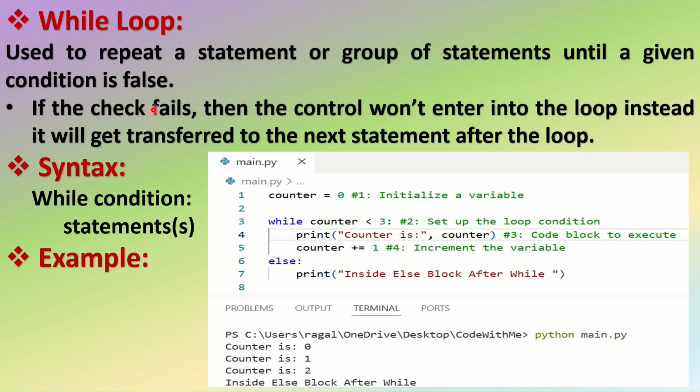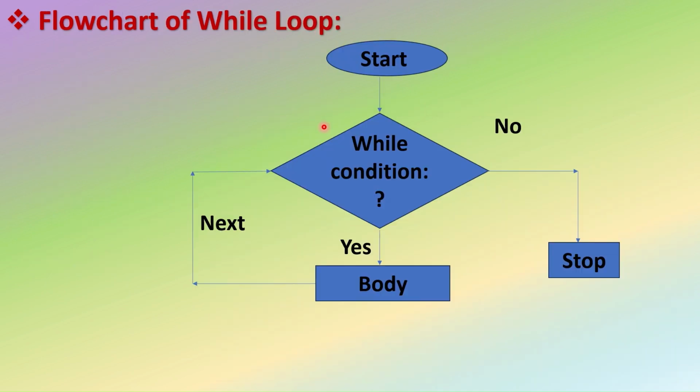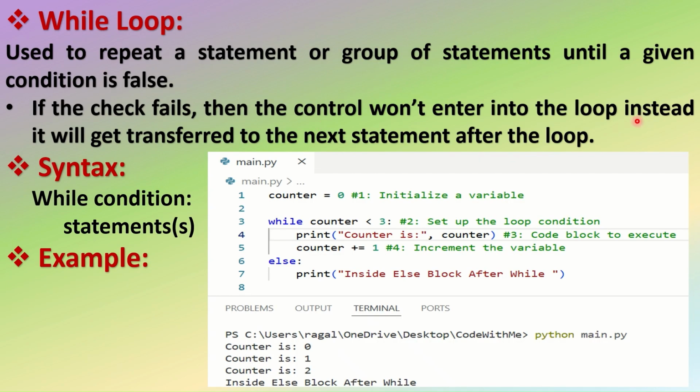Suppose the condition becomes false or fails, then the control doesn't enter into the loop. Instead, it gets transferred to the next set of statements present after the loop. Now let's look at the syntax of the while loop. It starts with the while keyword, followed by some condition.